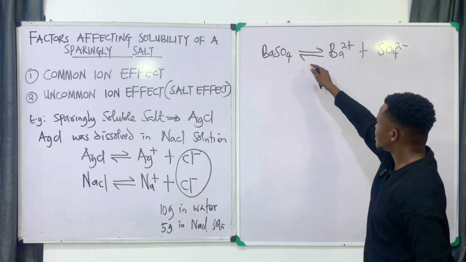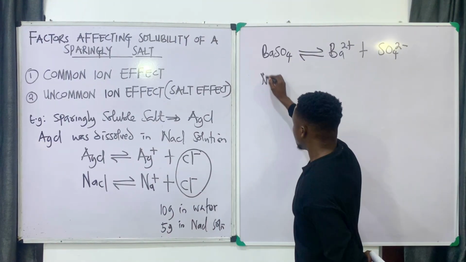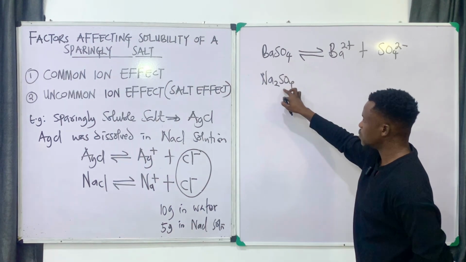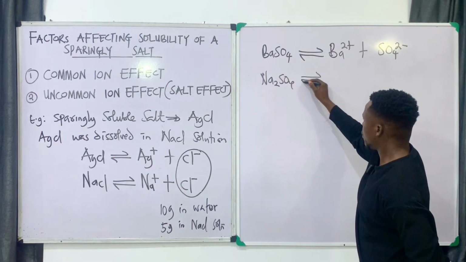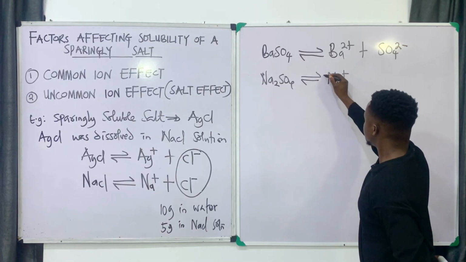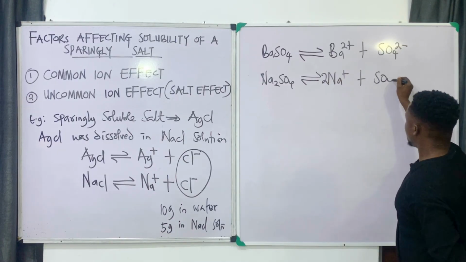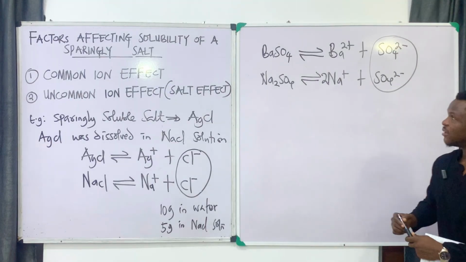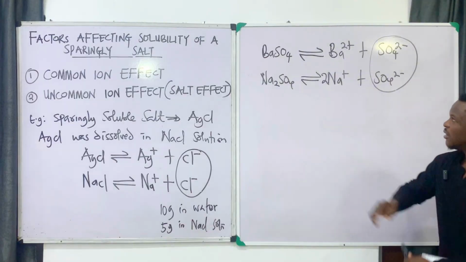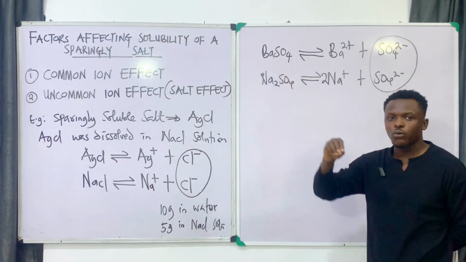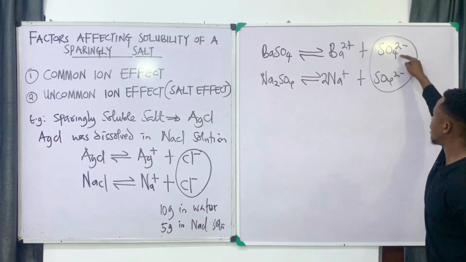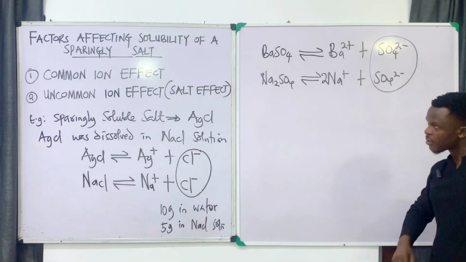If this is dissolved in a solution of Na2SO4, this is what we're going to have: Na plus and SO4 2 minus. SO4 2 minus is common. Therefore, the solubility of barium sulfate will reduce in the presence of Na2SO4 because there is a common ion between the two of them.